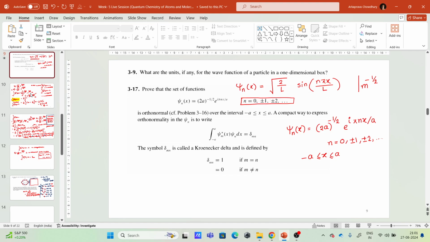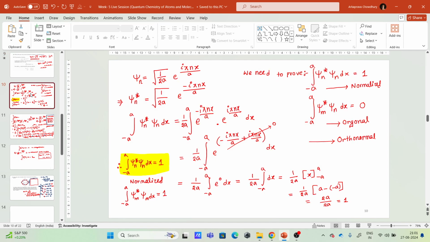Most importantly, we have done this orthogonal and normalized calculation, and this kind of problem can be solved for any wave functions, right? Not only for a particle in a box. The wave function just looks like a particle in a box function, but the way we have done it is a general way to do it.